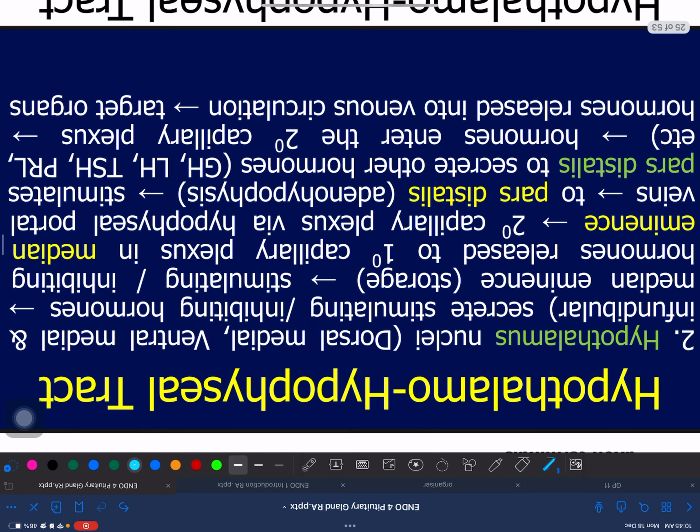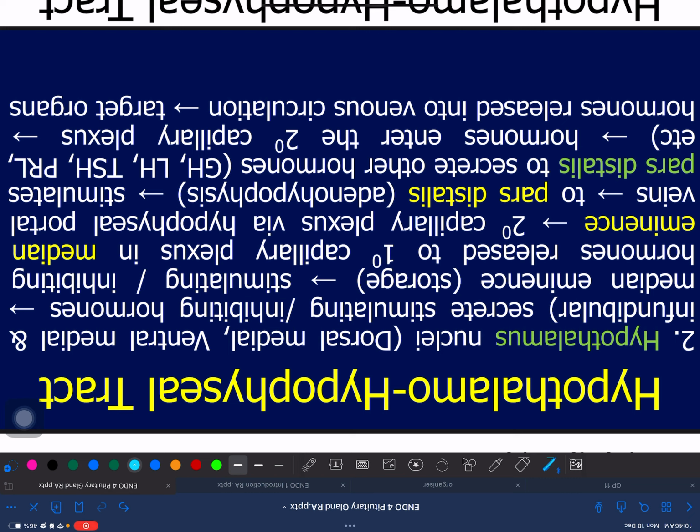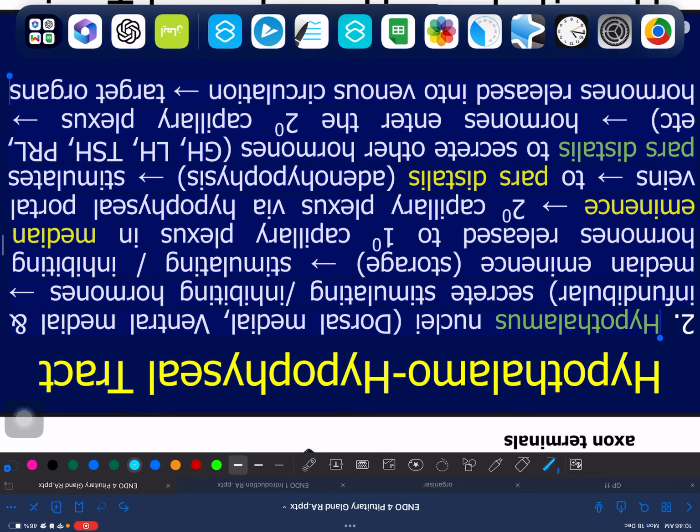Again, there is another way for the tract. From the nuclei other than the two I mentioned earlier, which are the dorsal medial nucleus, ventral medial nucleus, and infundibular nucleus of the hypothalamus, the hormones secreted are stimulating or inhibiting at the median eminence, releasing to the primary capillary plexus of the anterior pituitary, and targeting the secondary capillary plexus via the hypophyseal portal vein to the pars distalis.